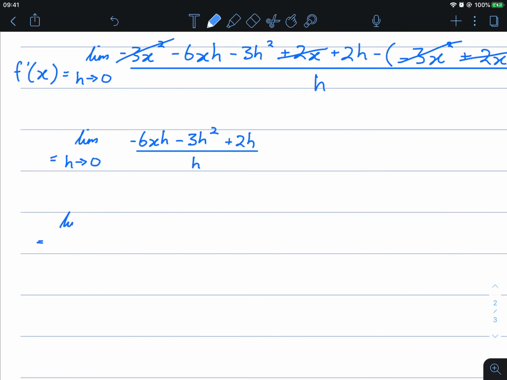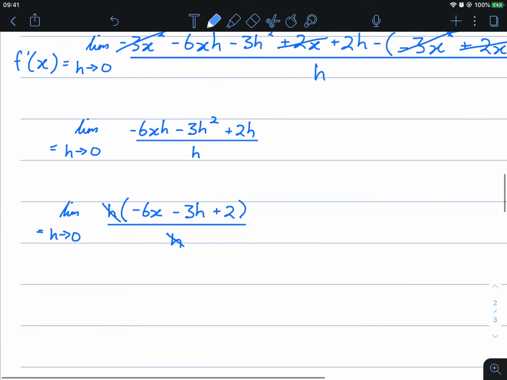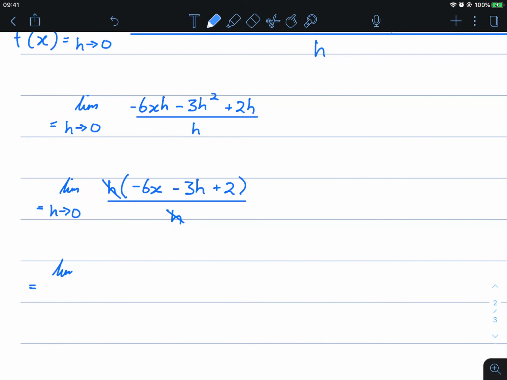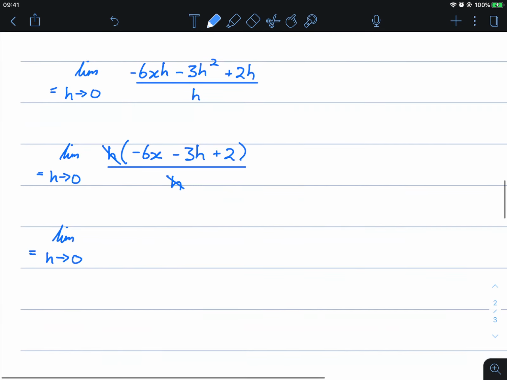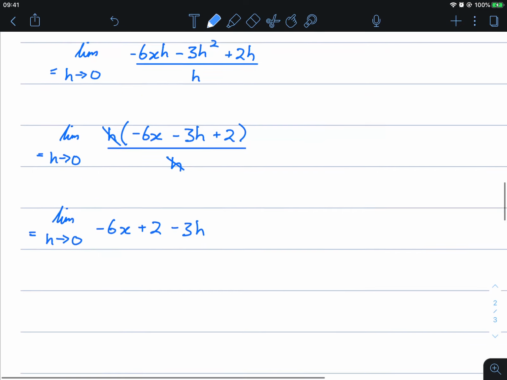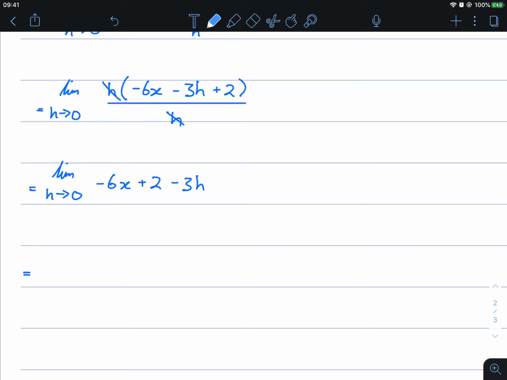And hope you can see now that it's just going to be a factorization of h on the outside, so h outside of negative 6x minus 3h plus 2 all over h, cancelling these two out, leaving us with negative 6x plus 2 minus 3h, and now applying the limit by letting h equal 0, so 3 times 0 goes away, leaving us with negative 6x plus 2.